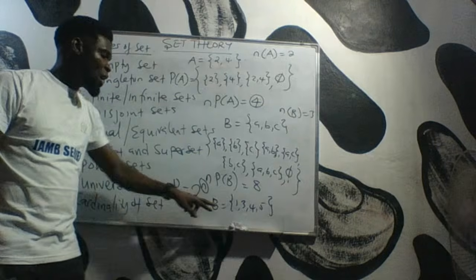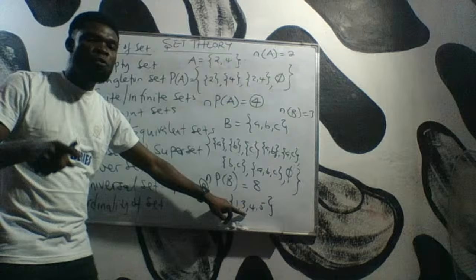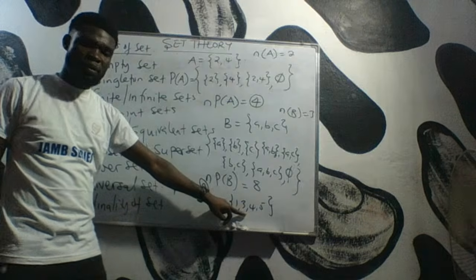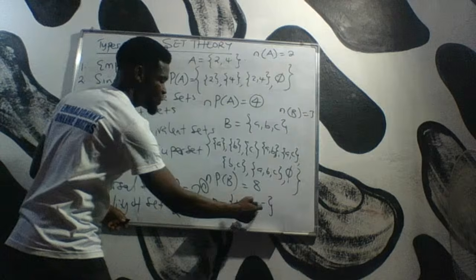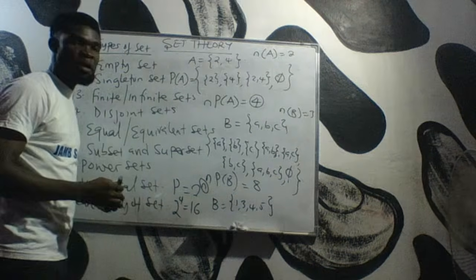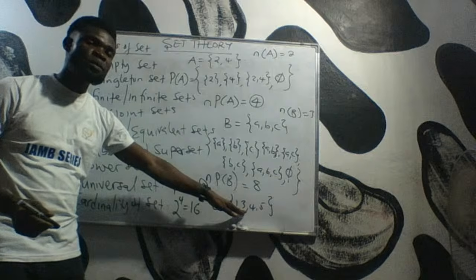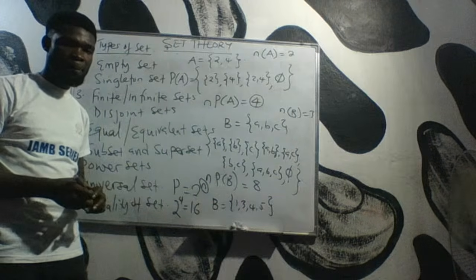In other words, how many subsets can I derive from set B that will form the elements of the power set? That will be 2 raised to the power 4. And 2 raised to the power 4 is 16. It means that I can derive 16 subsets that will form the power set of this set B.